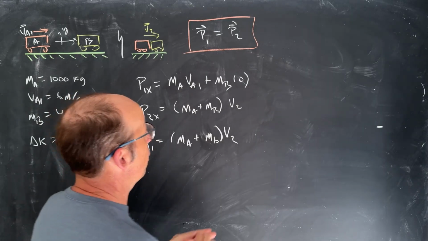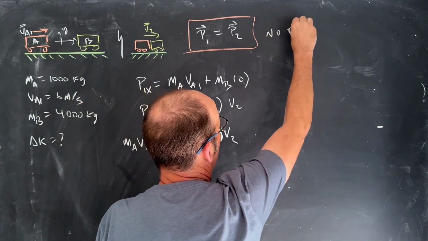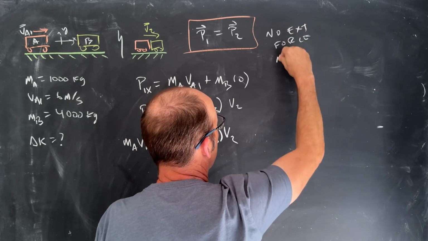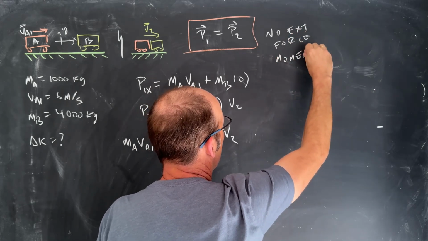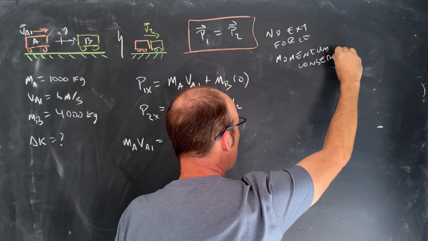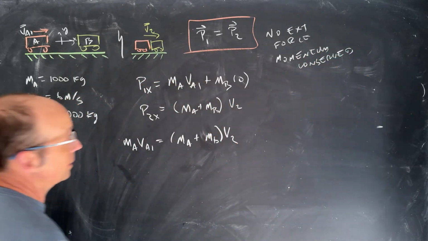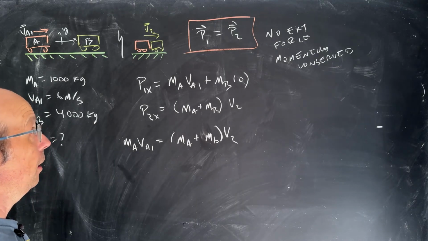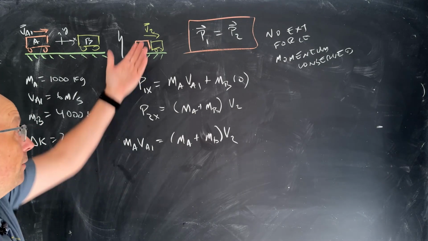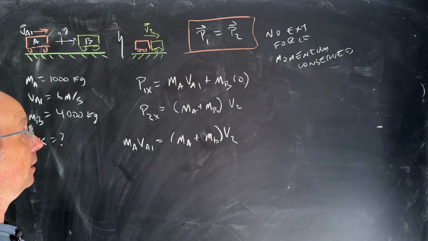You could add in here: no external forces, so momentum conserved. Why am I writing this out? I guess I just wanted to do it. Once I started, I couldn't stop. Okay, so that is an important thing to say. You don't have to say it's an inelastic collision because it said they stuck together.